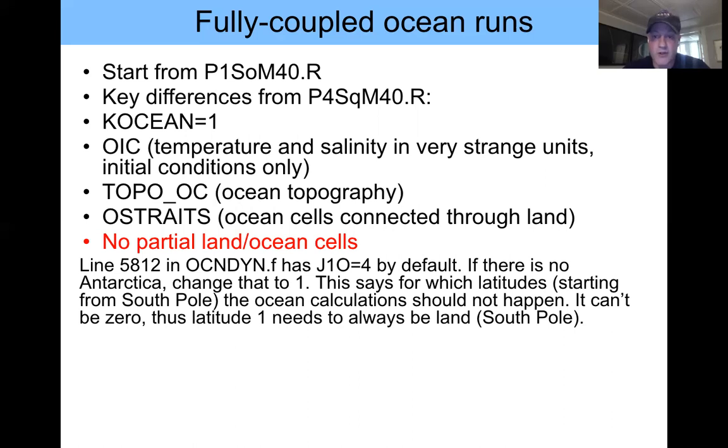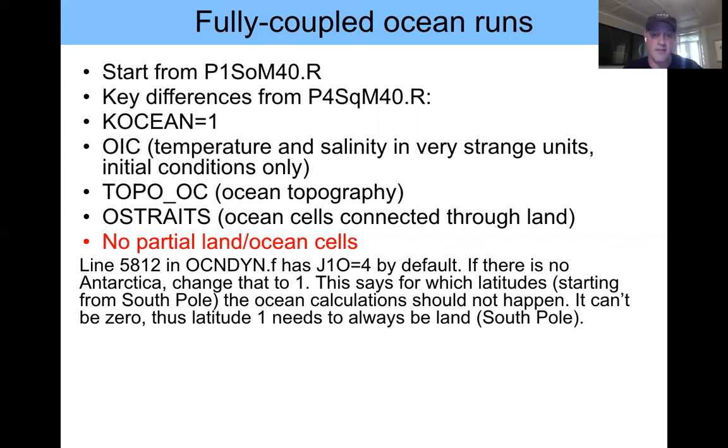I'd also like you to pay particular attention to three very important files for the ocean that are listed here. The first one being the one labeled OIC, which is for the initial condition of your ocean. Basically, you're telling ROCKE-3D what's the initial state of your ocean, the mass, temperature, and salinity for every cell. And there are two different formats that you can use for OIC.